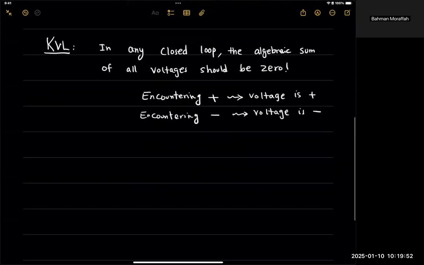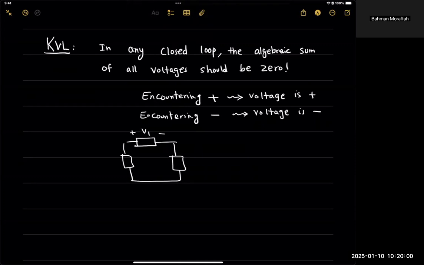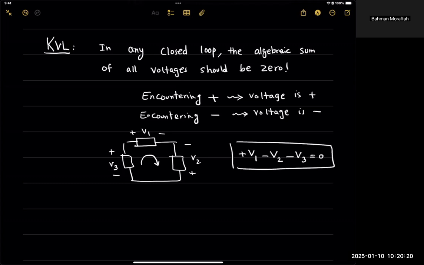Pictorially, if I have a circuit that looks like this, for example, let's call these V1, V2, and V3. Let's consider the clockwise direction. If I go around, I have plus V1 minus V2 minus V3 equals 0. As we said before, this direction does not really matter.